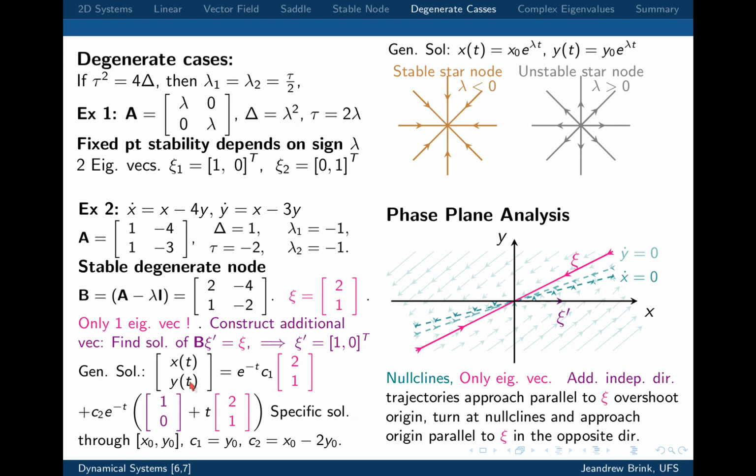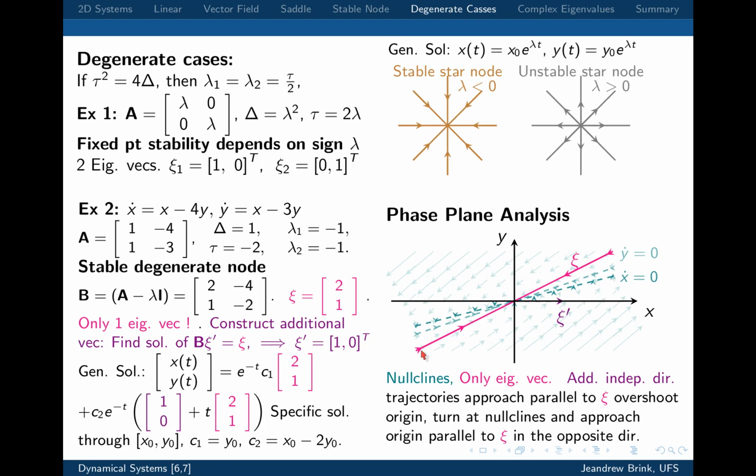Because when time gets large, this thing is going to be dominant, and this t times 2, 1 is going to be dominant. So the trajectories are always going to approach the origin parallel to this line XC.